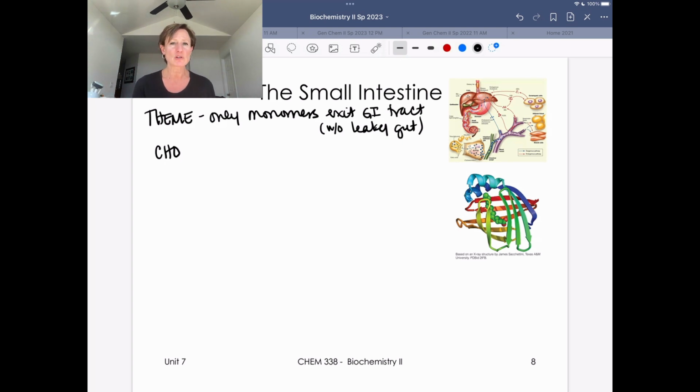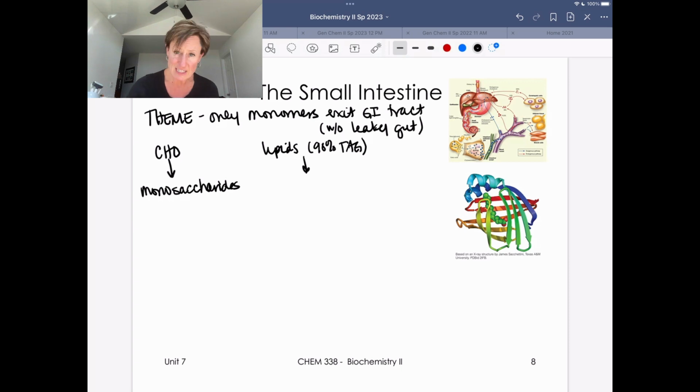Okay? So let's think about our different exogenous dietary molecules we might be taking in. We might be taking in carbohydrates. Those need to be broken down into monosaccharides. Okay, we might have lipids. And we're considering, again, about 90% of lipids to be triglycerides.